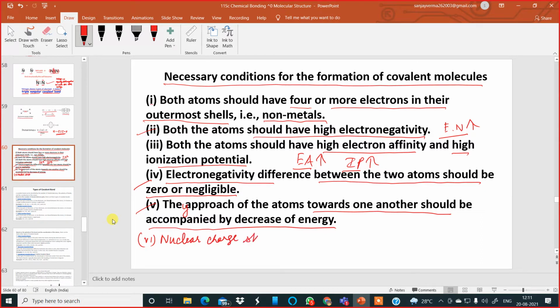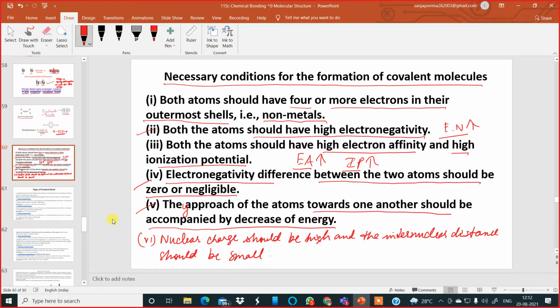Nuclear charge should be high. And the internuclear distance should be small, which means indirectly a powerful nucleus, or an element having high atomic number or number of protons, and smaller sizes.